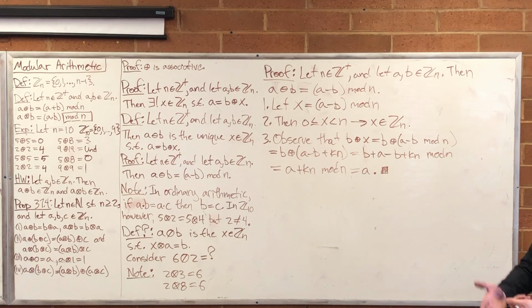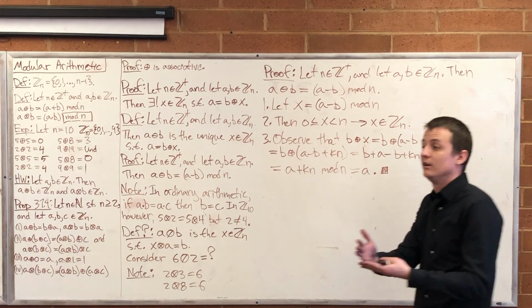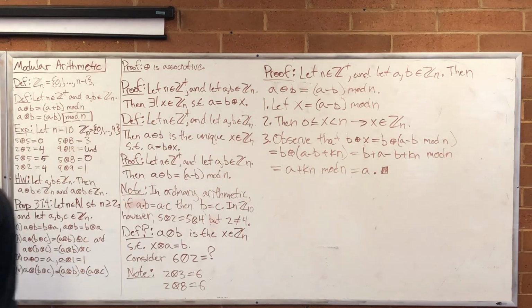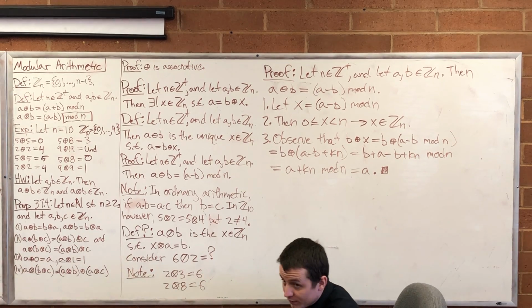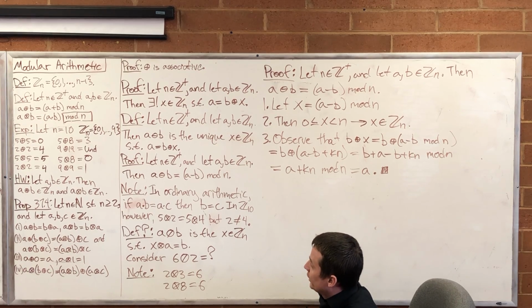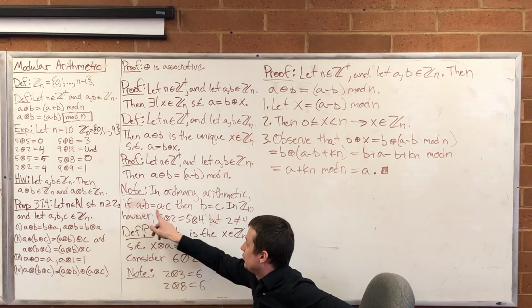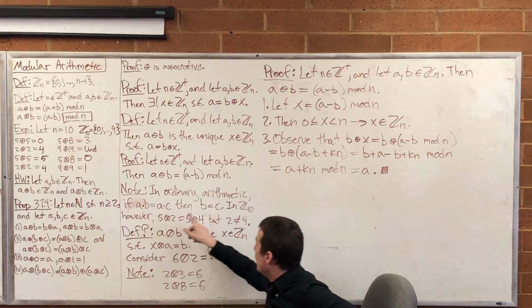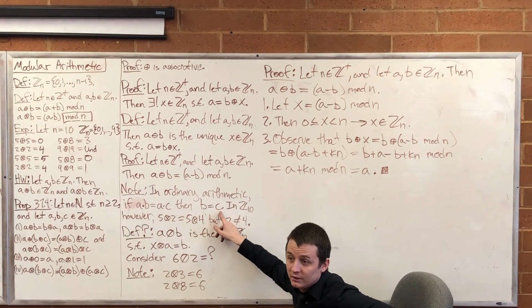Okay. So we've got addition, we've got multiplication, we've got subtraction. Finally, we need division. And division, as predicted, is always a big old pain. So let's see why division is a big old pain. In ordinary arithmetic, if a times b is equal to a times c, then b is equal to c, right?